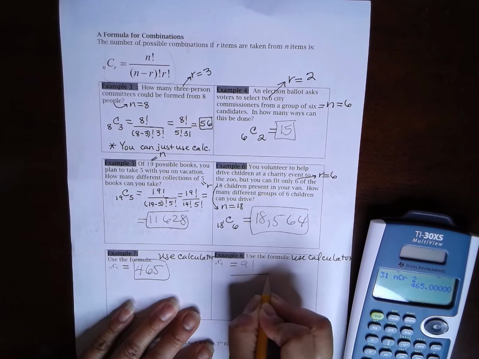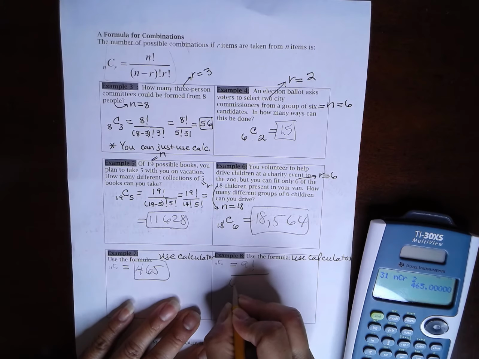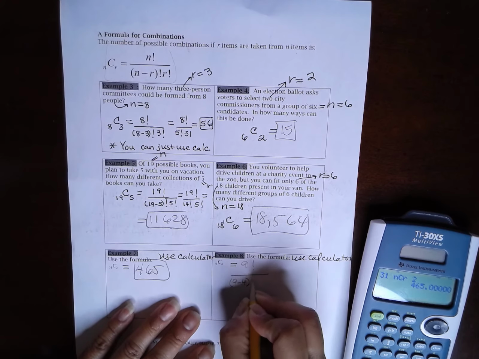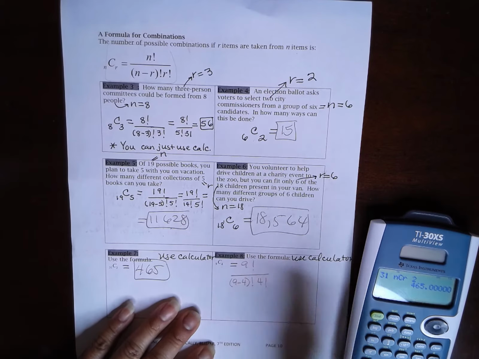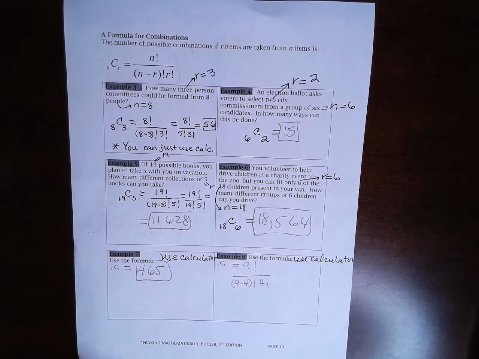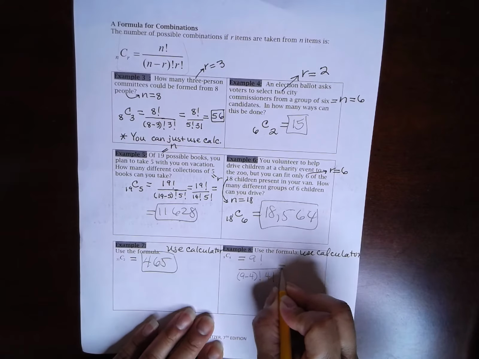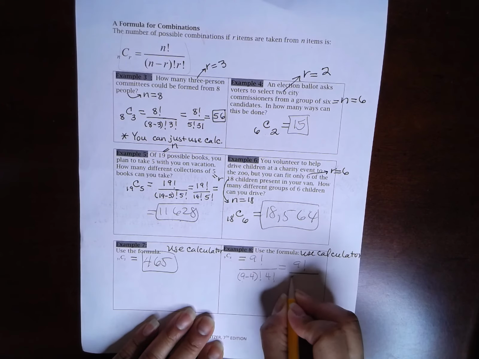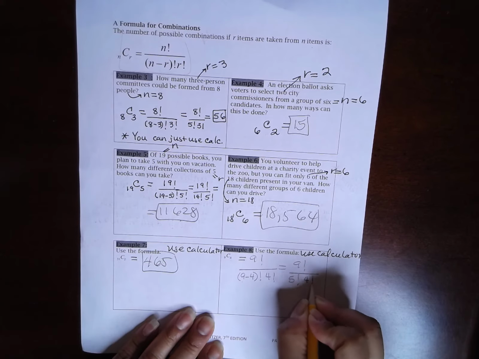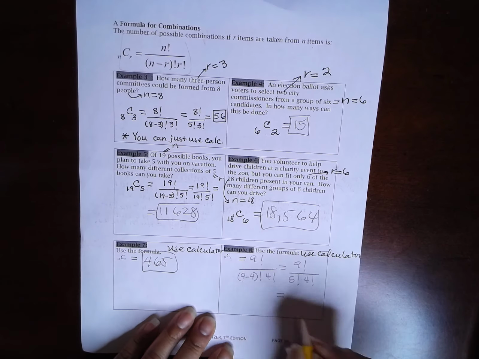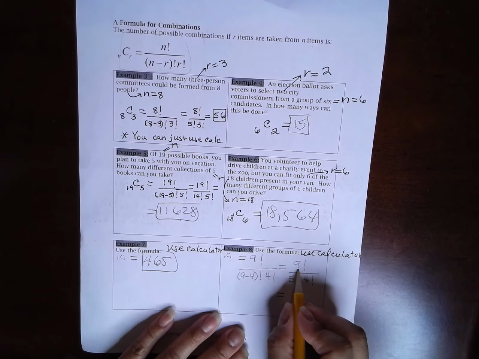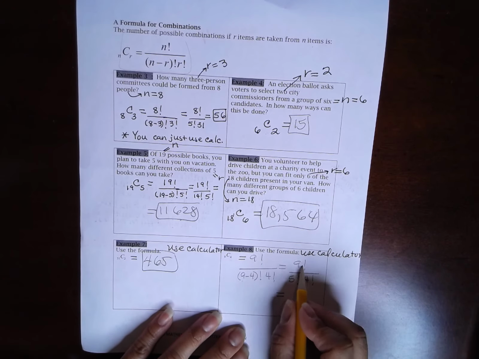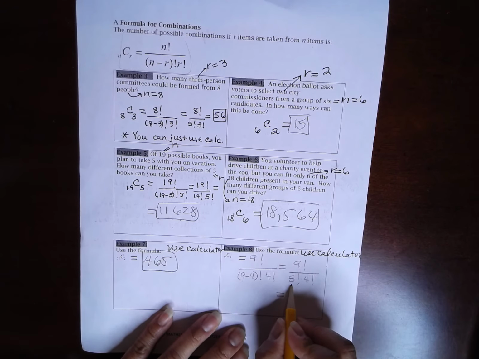This is 9 factorial, and in the denominator it will be 9 minus 4 factorial, then 4 factorial. If you come across a question that cannot be completed with a calculator, you can simplify it by hand. So 9 minus 4 is 5 factorial, and then we have 4 factorial. To simplify, 9 factorial, I'm going to go down until I get to the highest that I have in the denominator.